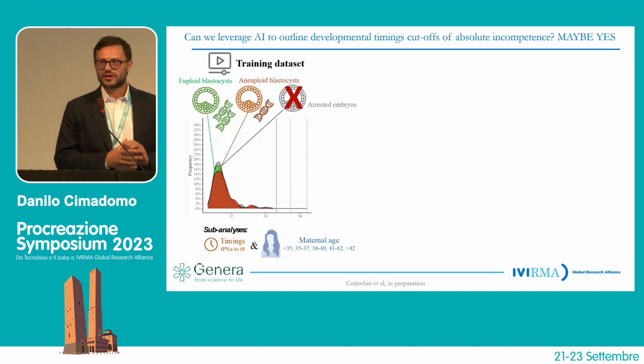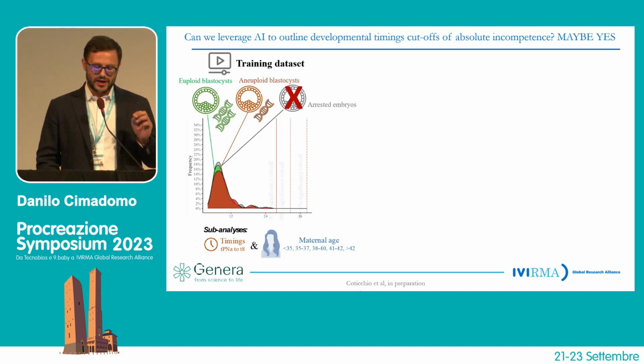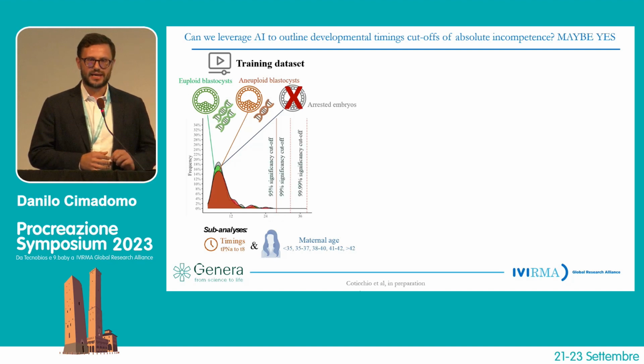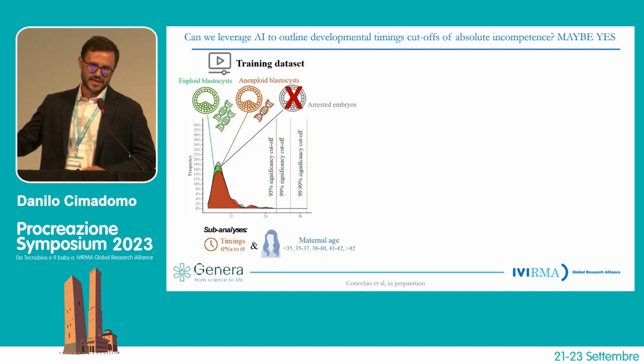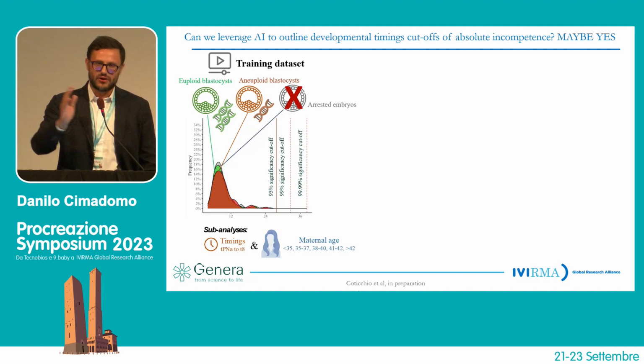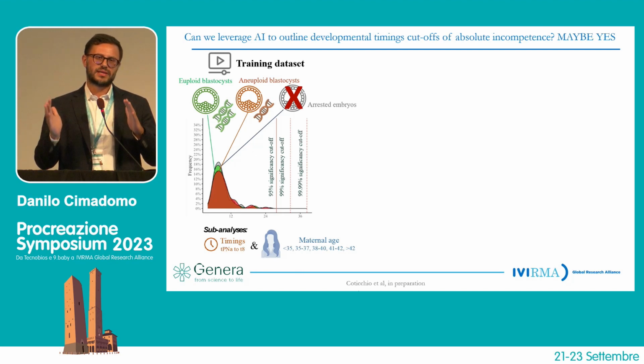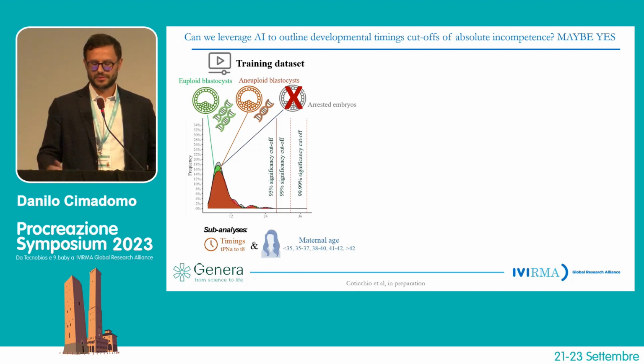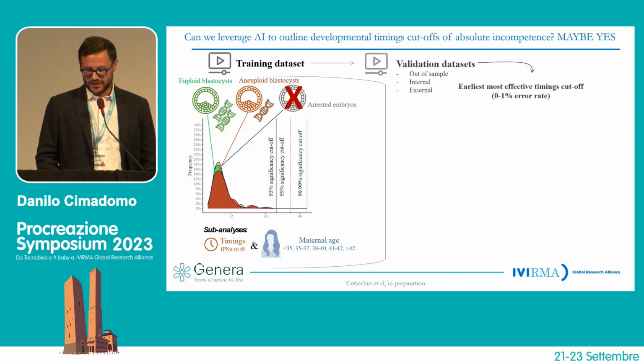Then we applied a ROC curve analysis to define, at 95, 99, and 99.99% significance, which embryo wouldn't become a blastocyst if it develops beyond that threshold. So we tried to define thresholds of developmental incompetence that can help in clinical practice.